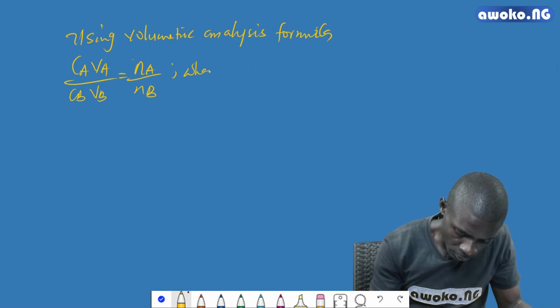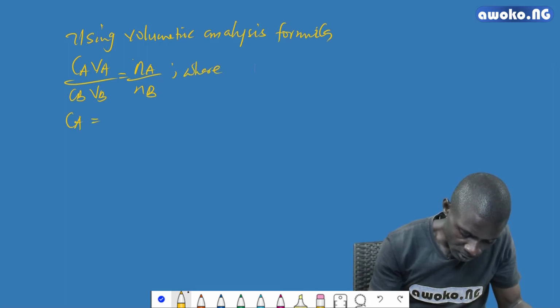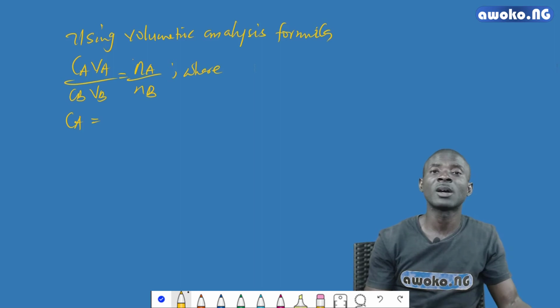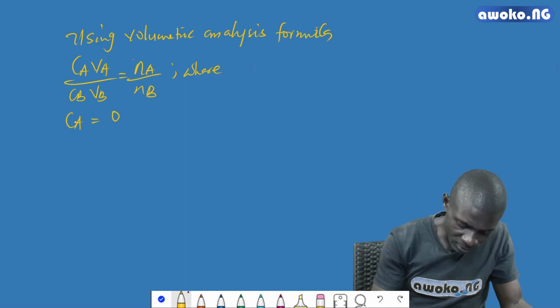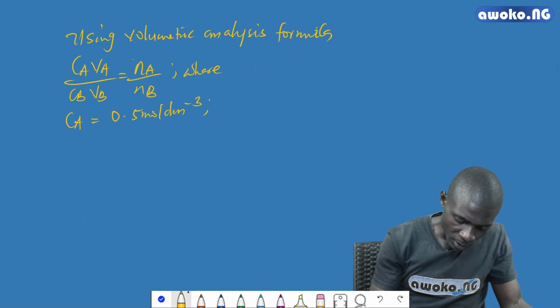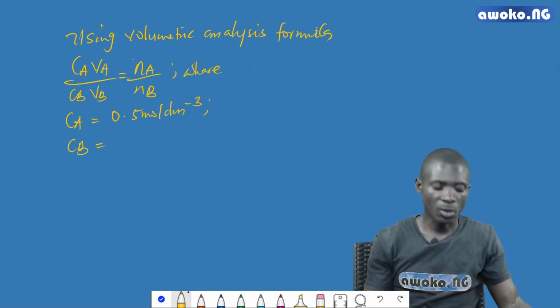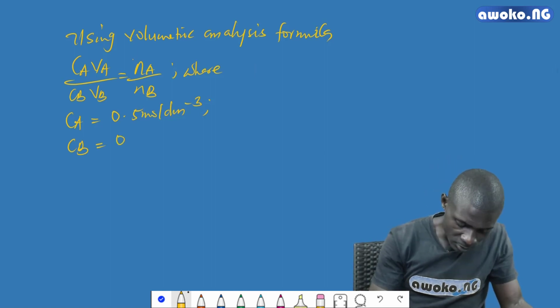Where Ca is the molar concentration of the acid, which here is 0.5 mol per dm³, while our Cb is the molar concentration of the base and is given to us as 0.1 mol per dm³.